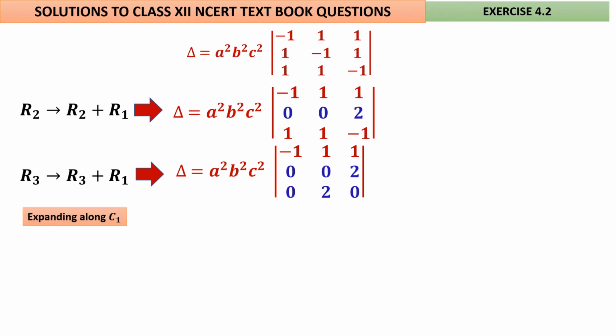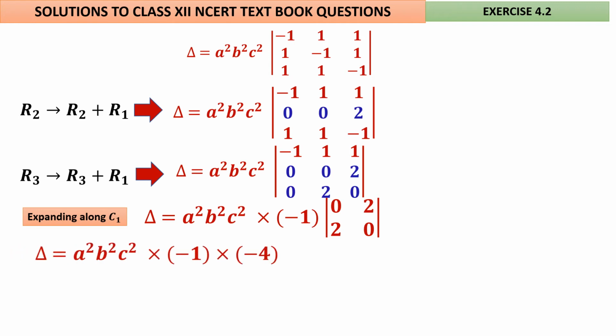Now let us expand with respect to C1 because C1 contains two zeros. Therefore it will be a square b square c square multiplied by minus 1 into the determinant obtained by removing the first row and the first column. But remember, no need to write the remaining element because 0 into, no need to write.